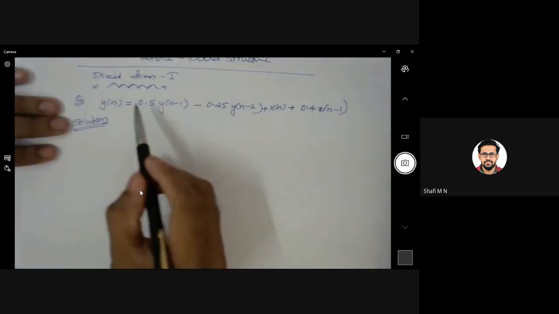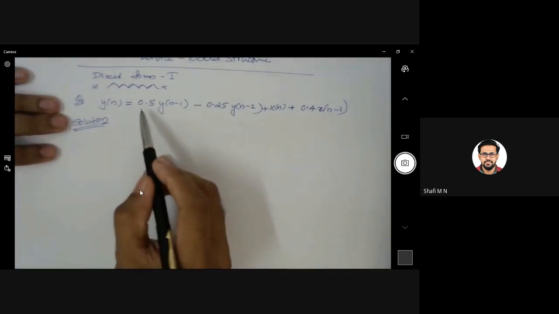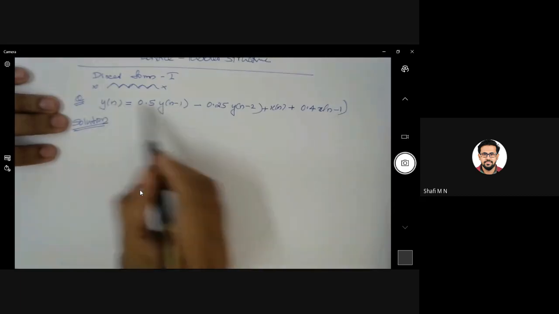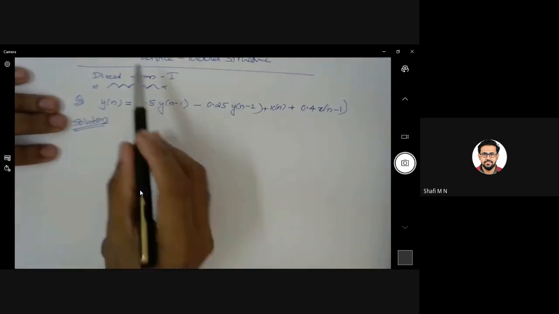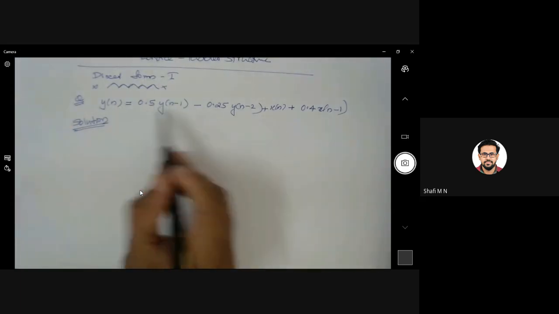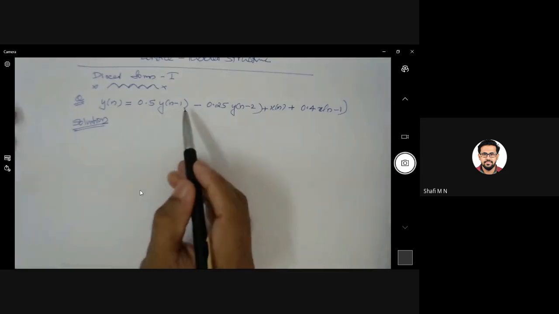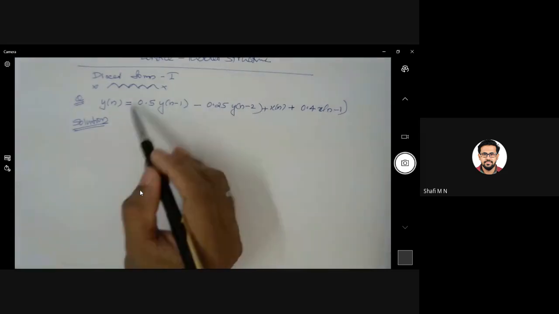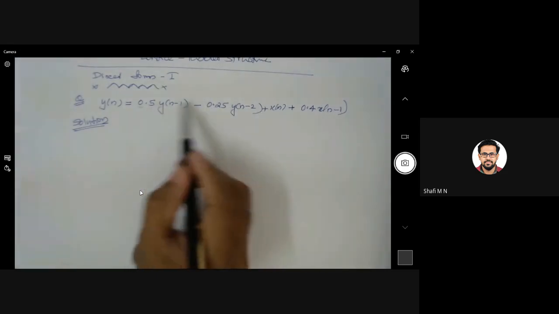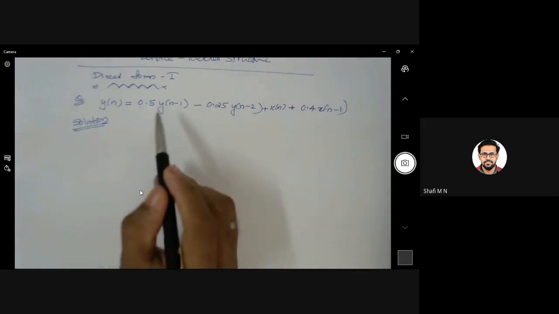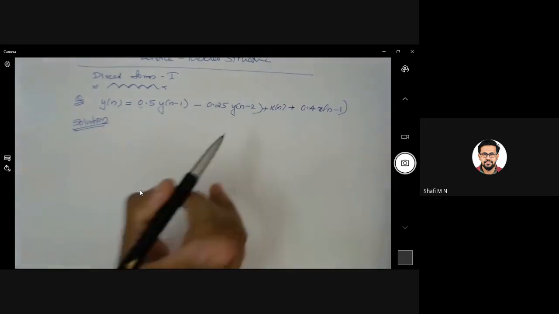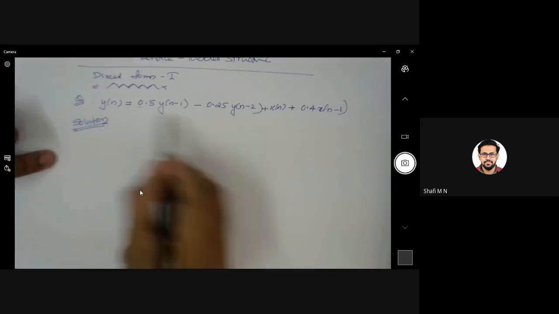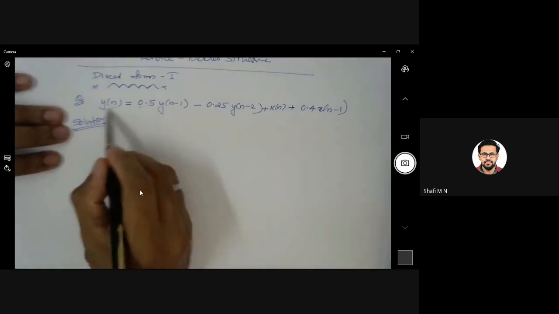Your questions will be given, or your system will be described using a difference equation or a transfer function. So in direct form 1, what we want is a difference equation. Even though the transfer function is given, you obtain the difference equation. The first step is you have to arrange it in a particular format, say y of n equal to.